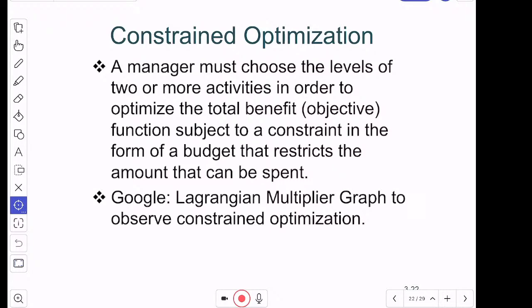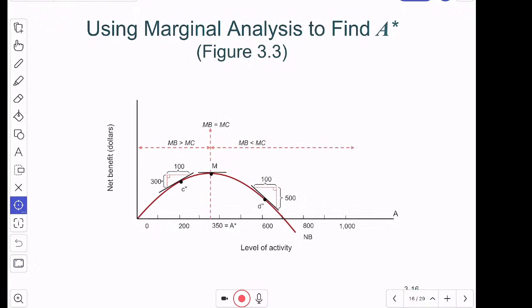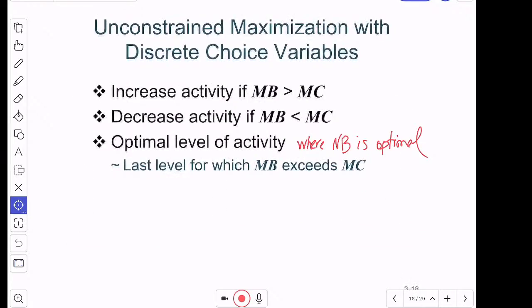What if you just can't afford an activity level of 350? What if that's true? How would we introduce that into our problem? That's what we're going to discuss next.